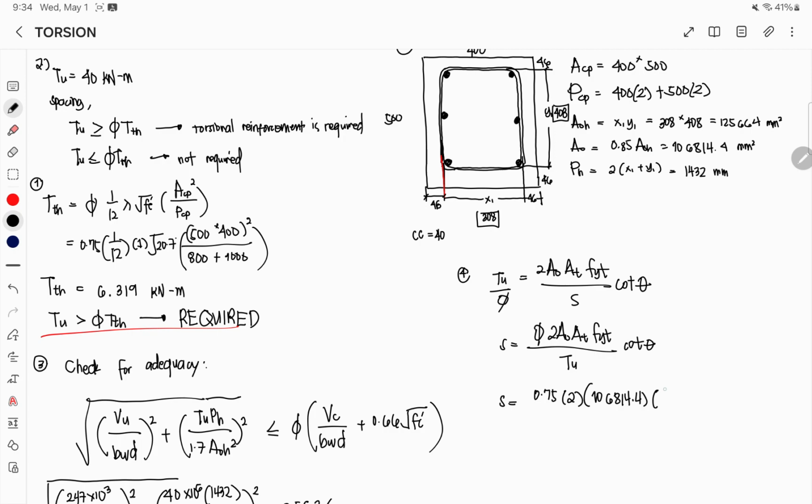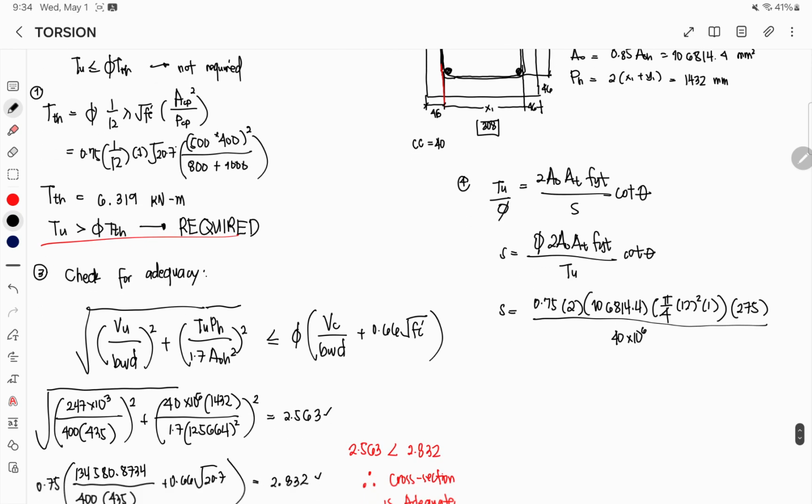Ano yung 80? It's just the area of transverse reinforcement with one leg only lang, no? 12 squared times 1. One leg only lang yan, 80 ha. FYT we have 275. All over TU, which is given 40 times 10 raised to 6.